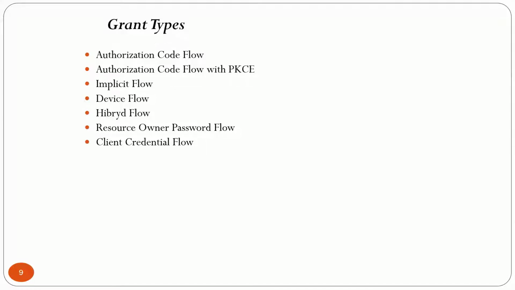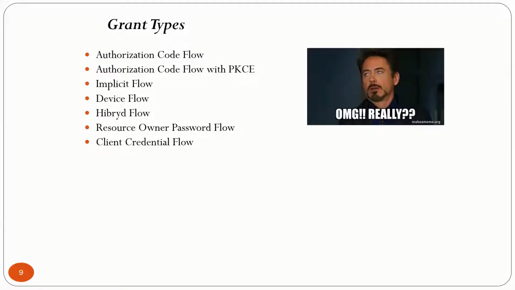Okay, guys, I just got a picture of all of your faces right now, and yeah, it's unbearable. I was lying before. It's not necessary to understand all these flows in order to understand OpenID Connect.